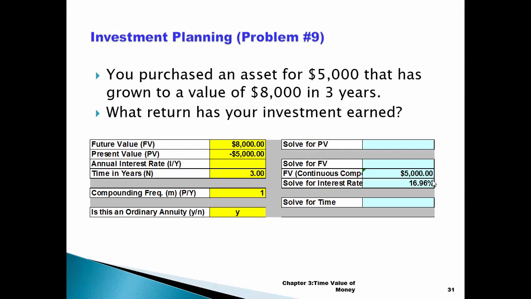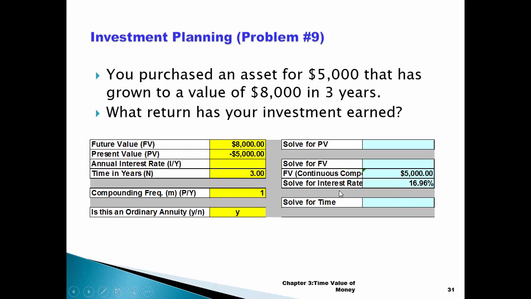You purchased an asset for $5,000, it's now worth $8,000. It took 3 years for that to happen. What's the return on your investment? So you plug in what? It's currently worth $8,000. It started out as negative $5,000. That's the investment amount. Leave the interest rate blank. Time in years is 3.